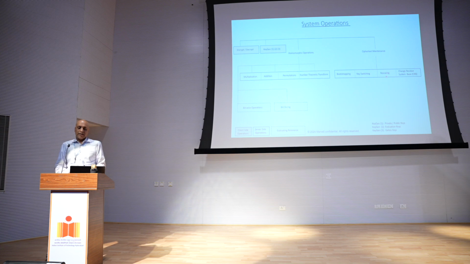Rescaling is a way to basically constrain the growth of the coefficients of the ciphertext. So for example, if I have 32-bit coefficients for each one of these polynomials, I'm going to multiply those two, and I'm going to get a 64-bit result. I need to rescale that back into a 32-bit number. But I need to do that in a specific way, and so rescaling is a primitive that allows me to do that.